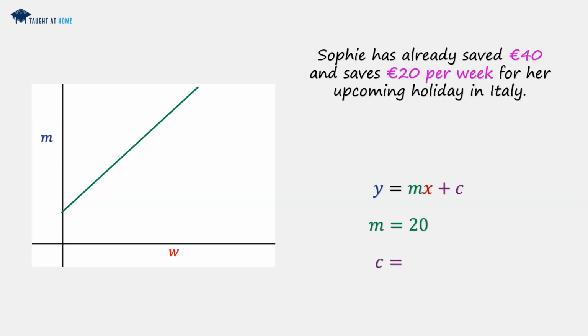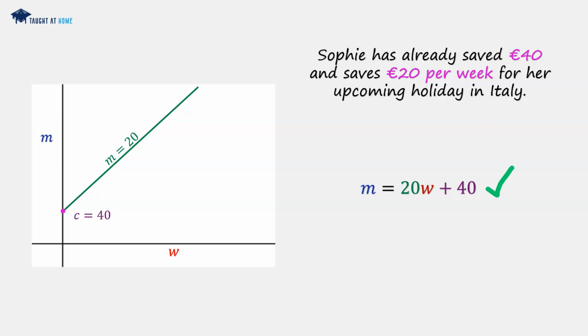And c is the initial value, the y-intercept, so we have 40. So we've got 20 and we've got 40, and we can substitute these into the equation. And don't forget, it's not y and x, it's M and W. So M equals 20W plus 40.